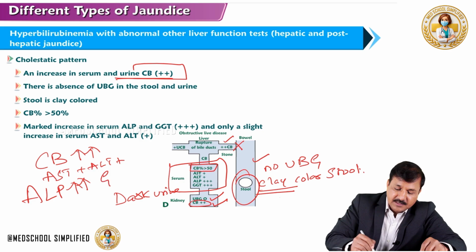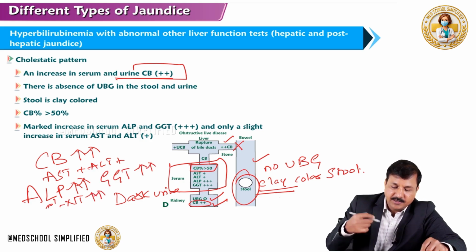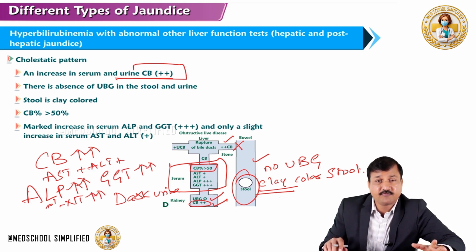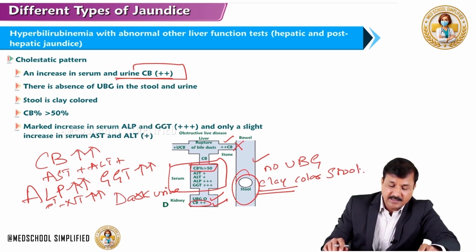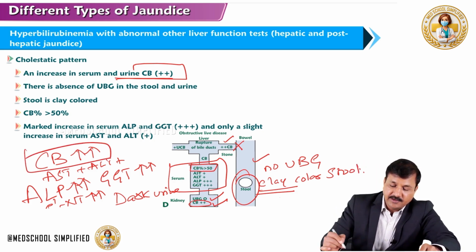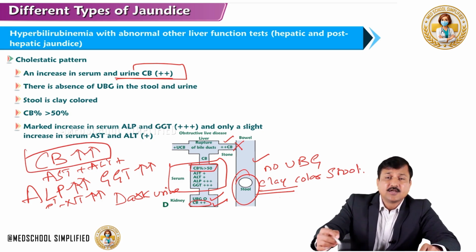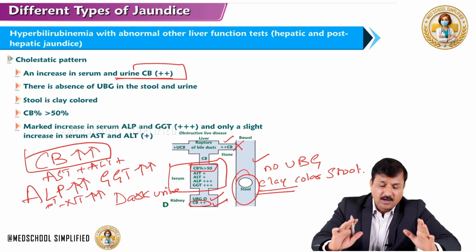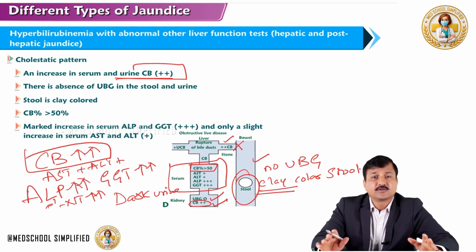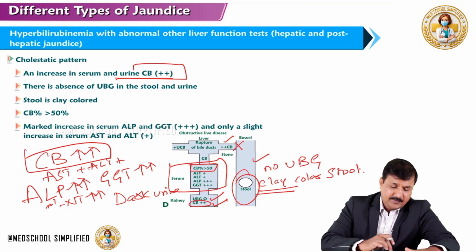ALP, GGT, and 5' nucleotidase enzyme are all elevated out of proportion to AST and ALT. Conjugated bilirubin is elevated, and no urobilinogen, clay colored stool, dark colored urine. All these are the findings that you are going to see in cholestatic pattern.